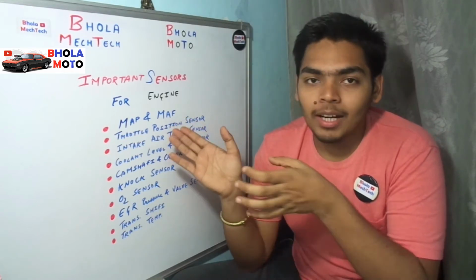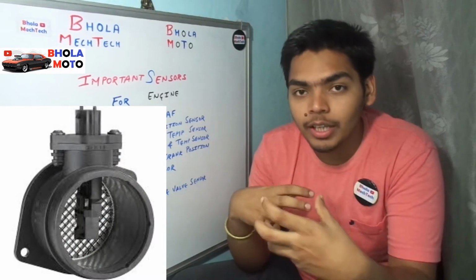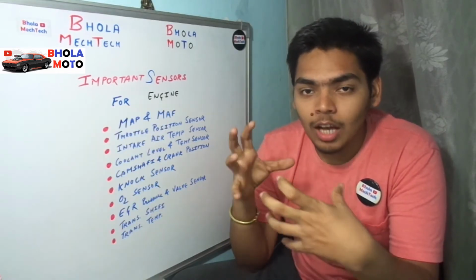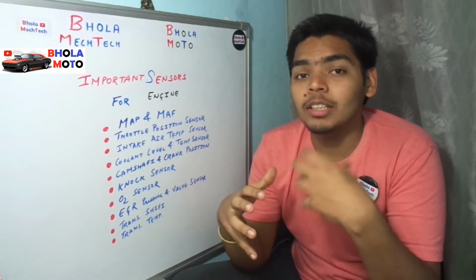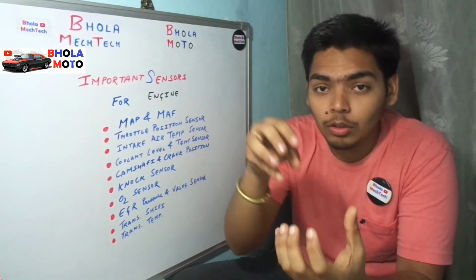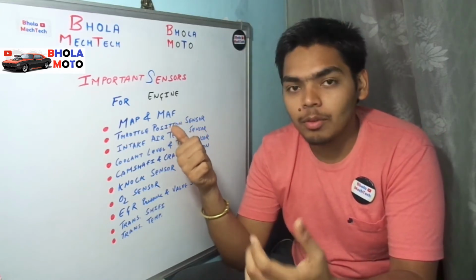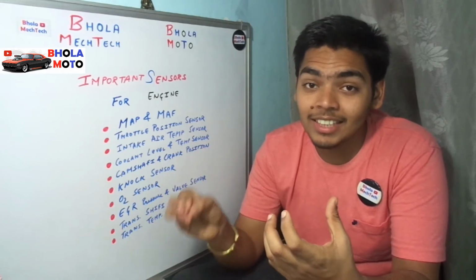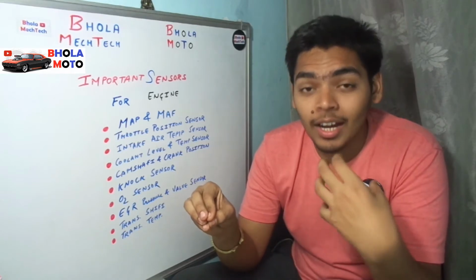Now coming to another sensor, that is the mass airflow sensor. The mass airflow sensor senses the flow of the air that is going to enter inside the engine, because the higher the flow, the more air will be entering inside the engine. Now, since more air entering inside the engine requires more fuel to be burned with it, according to the values from the MAF sensor, the ECU sends the signal to the injector, and then the injector injects the amount of fuel which is suitable for the amount of air that has entered inside the engine.